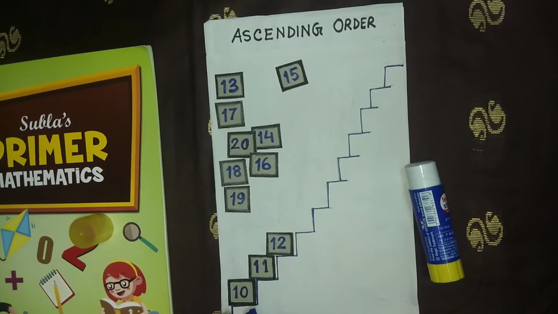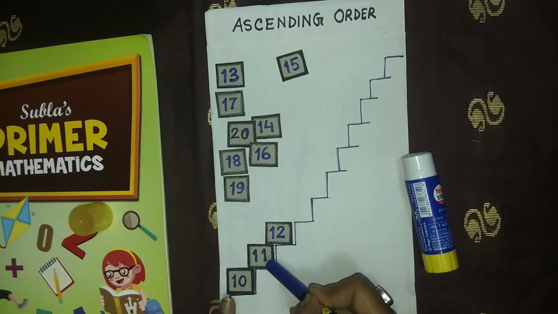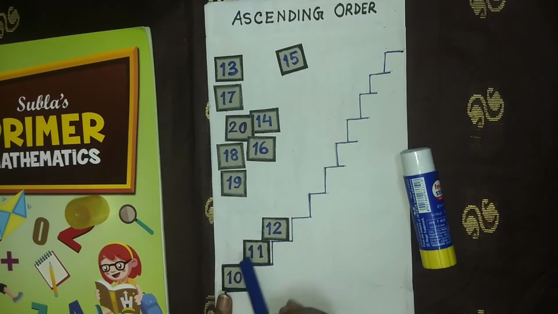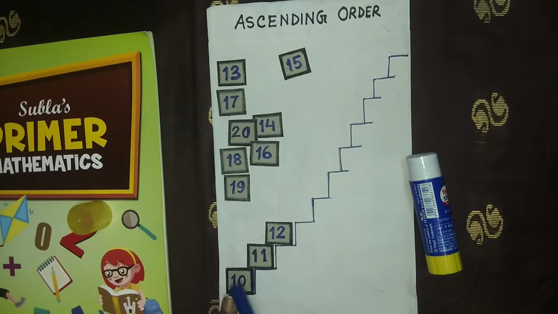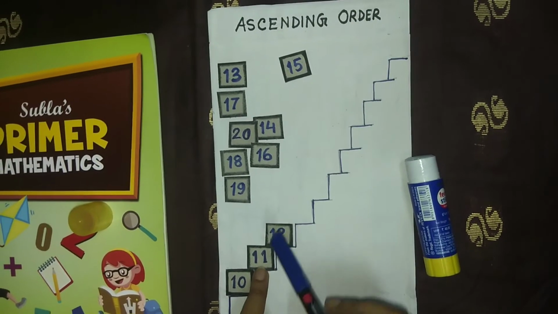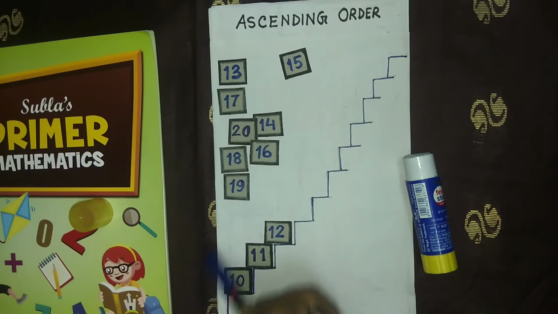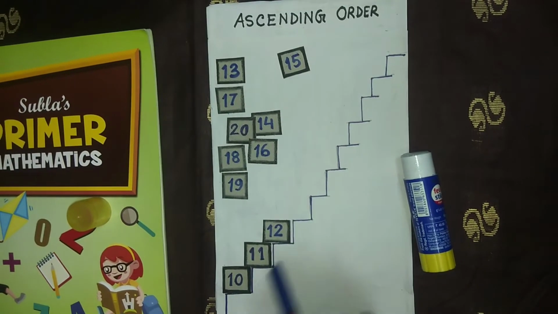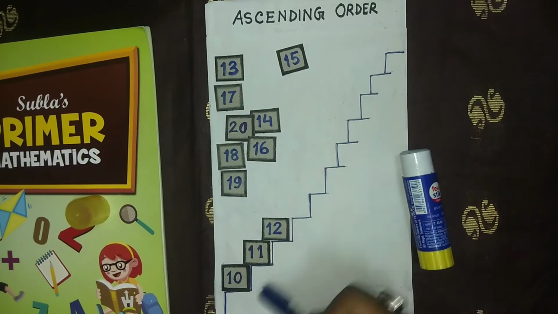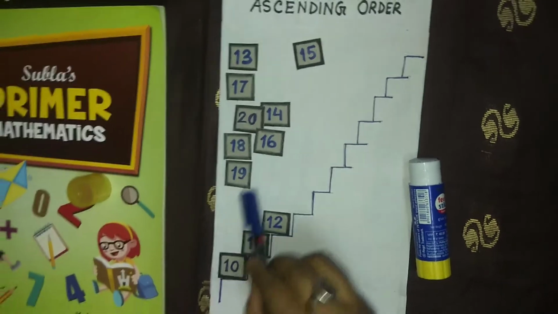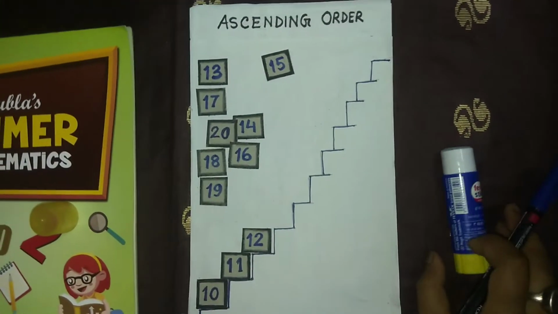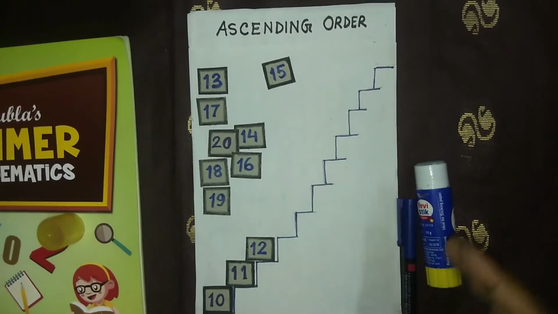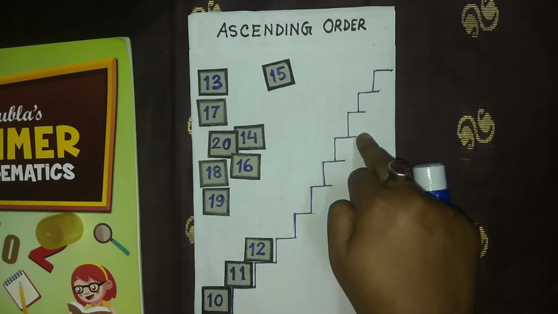But 11 is the immediate number after 10, so I am pasting 11 there. We are not skipping here. When we go up the steps of a staircase, we do not skip steps, otherwise we fall down. So that's why we are not skipping.